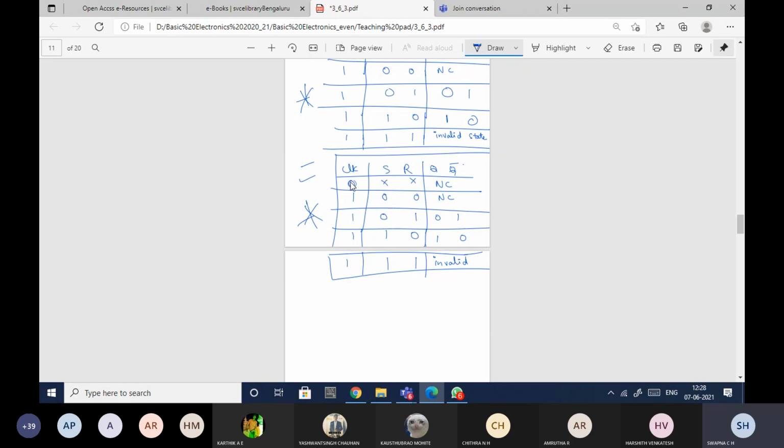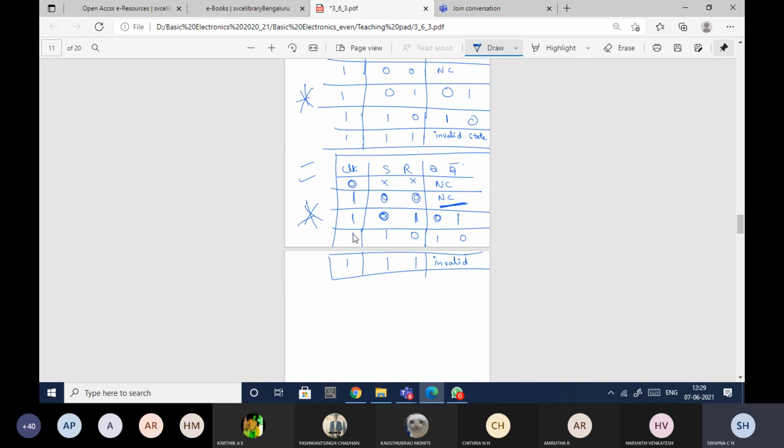When clock is equal to 0, whatever might be S and R values, the next state is not changing, it is remaining the same. And again when clock is equal to 1 and S value is equal to 0 and R value is equal to 0, the next state is again not changing. Next when clock is equal to 1, set is equal to 0 and reset is equal to 1, Q value is 0 and Q bar value is 1.